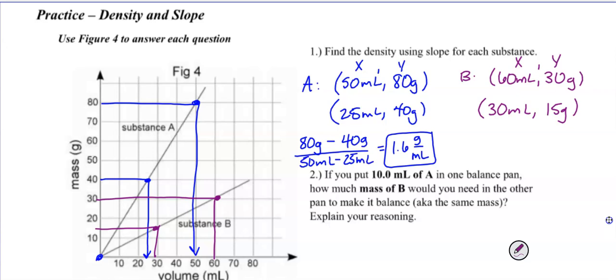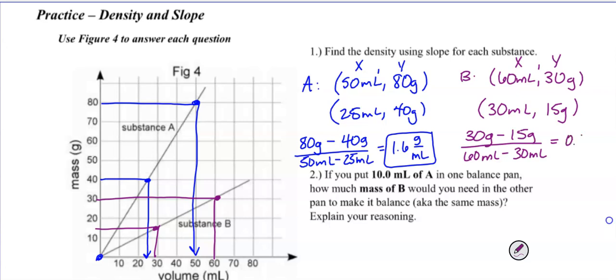So how do I find slope? Change in Y over change in X. So Y2 minus Y1 over X2 minus X1. And if you ever get a negative answer, something's wrong because density is never negative. It's always going to be positive. Okay? So I got 15 grams over 30 milliliters.